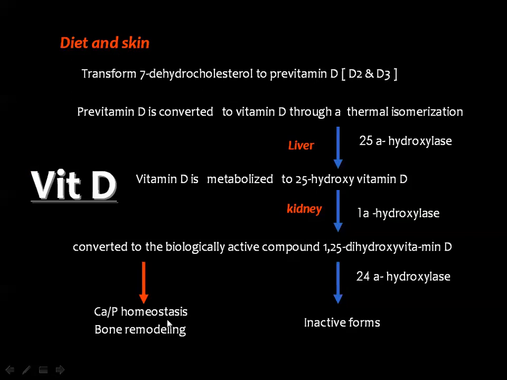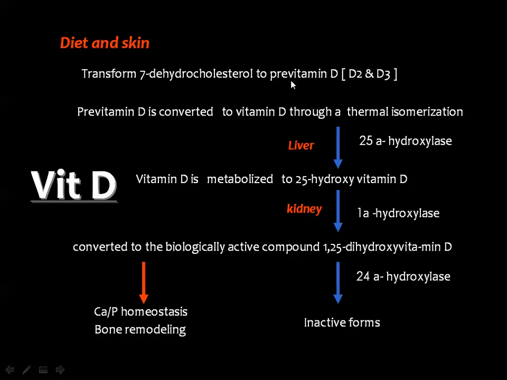Then this is just a scheme for how vitamin D is synthesized in the human body. Actually, the main sources for vitamin D are the skin from the sunlight and the diet. These two main sources provide the pre-vitamin D, which is known as D2 and D3.